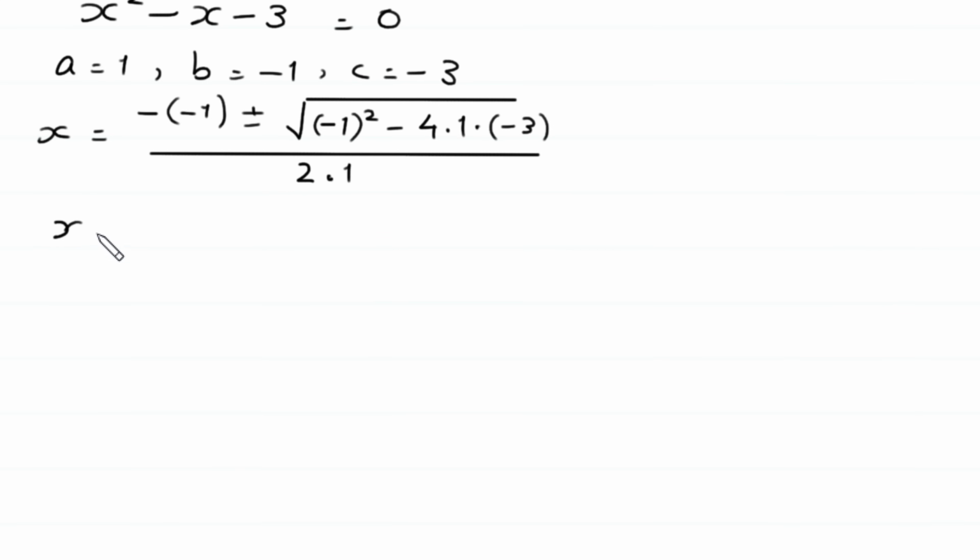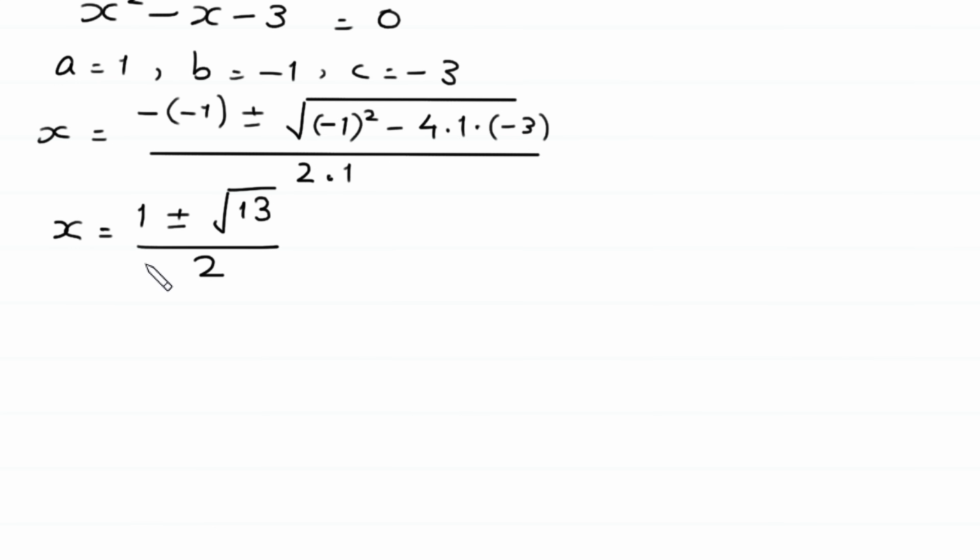Next, x is equal to this minus, and this minus becomes plus 1, plus or minus square root of this: negative 1 squared is 1, and negative 4 times 1 times negative 3 is plus 12, and 1 plus 12 is 13, divided by 2 times 1, which is 2.